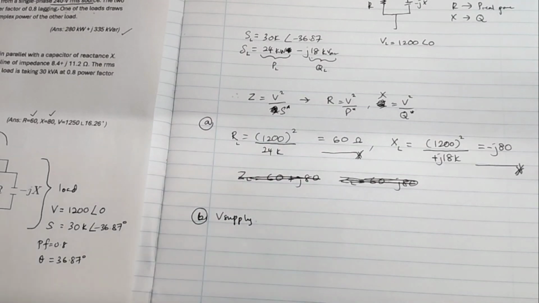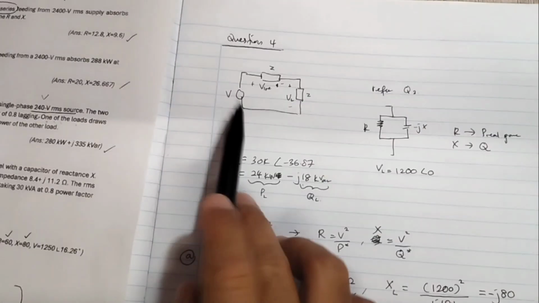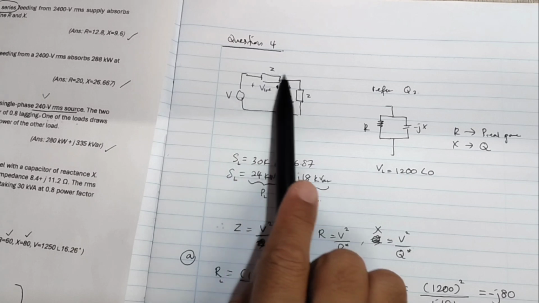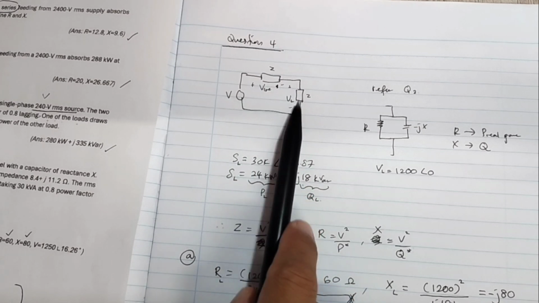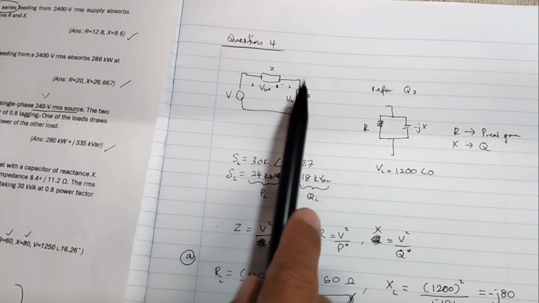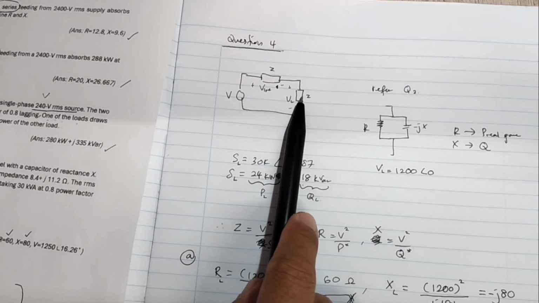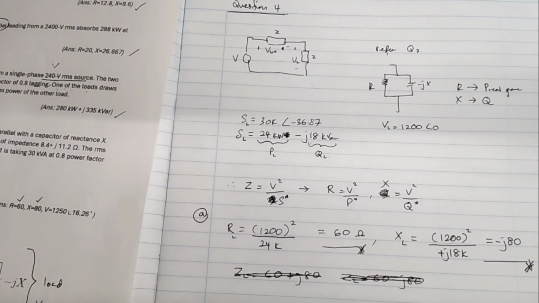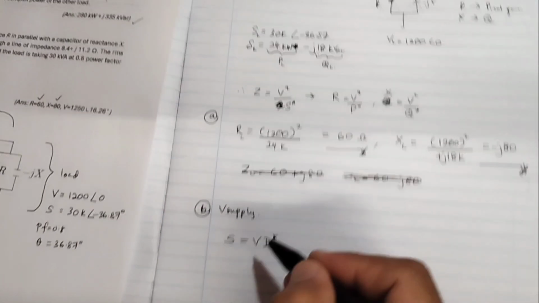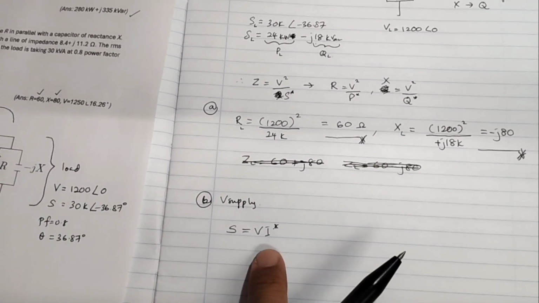Okay, V supply. Ingat tadi saya kata tadi, walaupun dia series, tapi dia punya current sama tak? Betul tak? Current parallel baru current pecah. Kalau series current sama. So kalau dapat current dekat load, so kita akan dapatlah current dekat line. Okay, ingat formula ni. S is equal to VI conjugate. Okay, S is equal to VI conjugate, ingat.